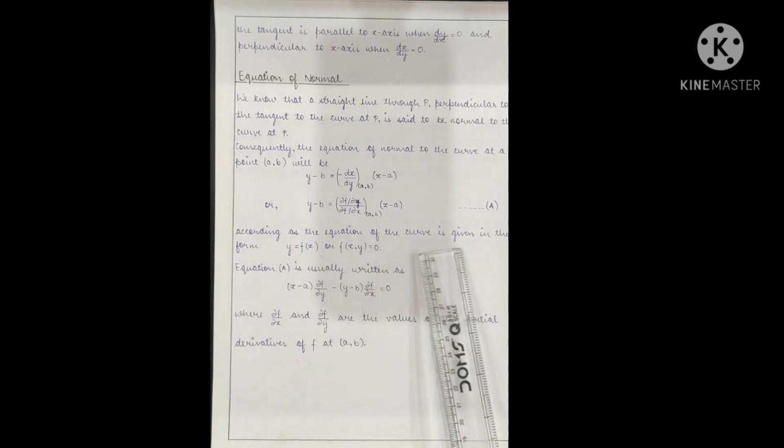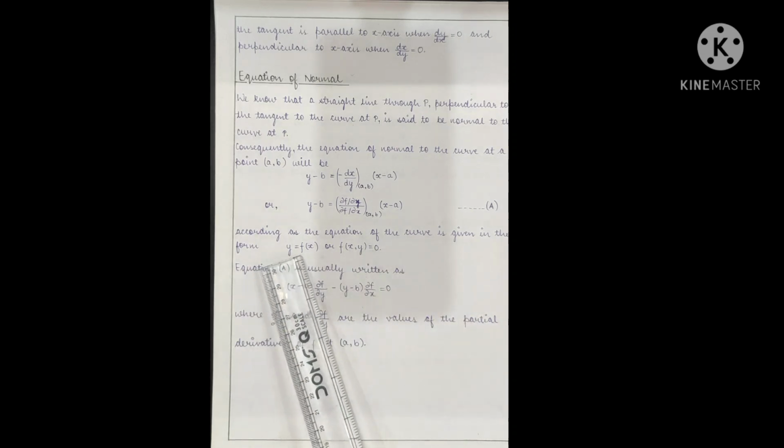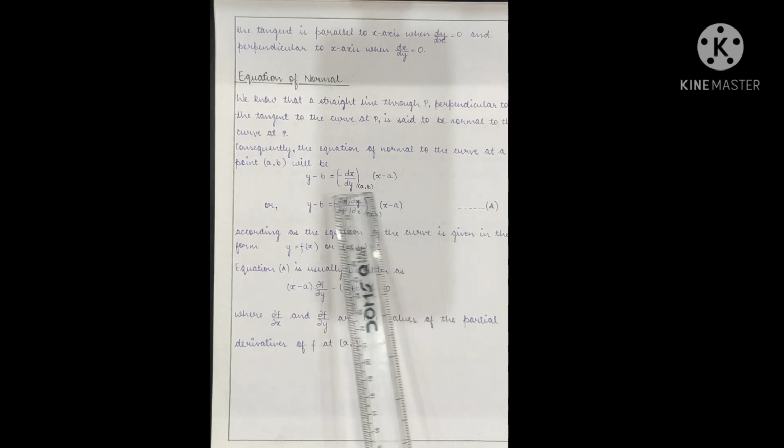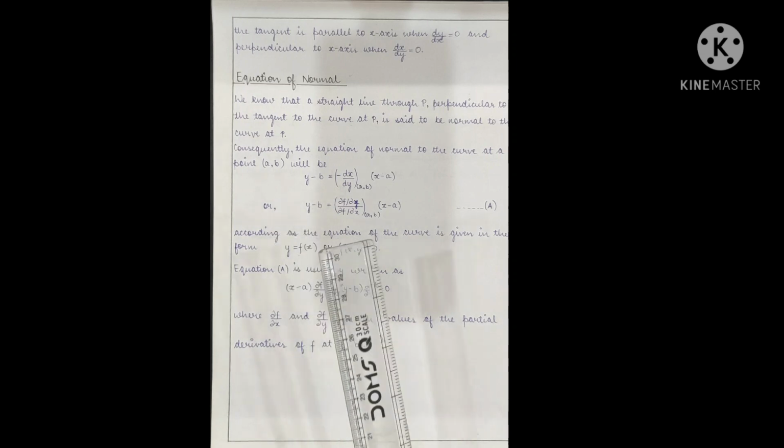This is the equation of the normal when the curve is given in the form y equals f(x) or f(x, y) equals 0.